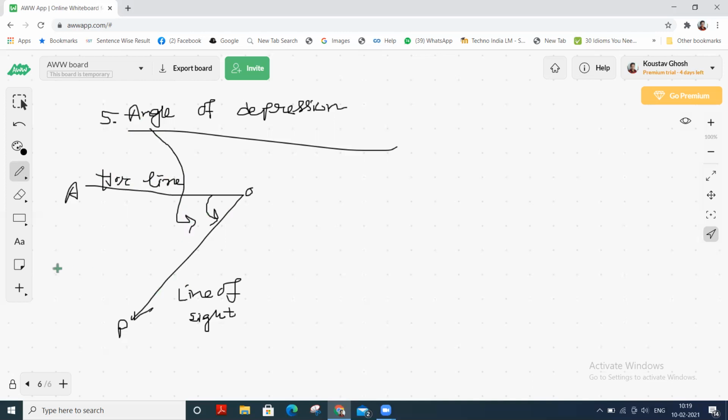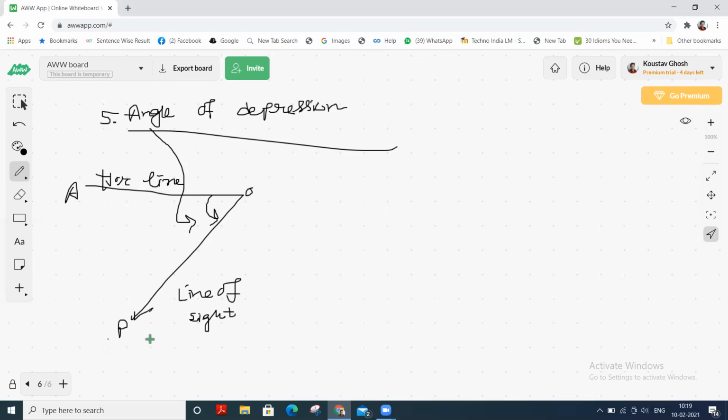Suppose a man from a point O looks down at an object P. This is P, and this is the point from where the man looks. So a man from a point O looks down at an object P placed below the level of his eye.